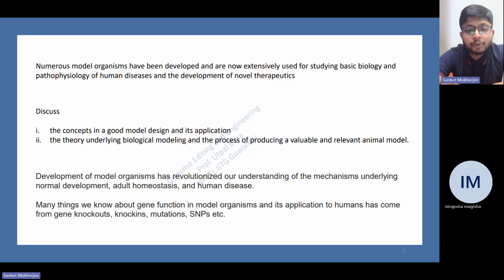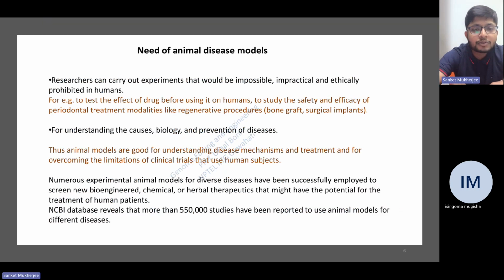Many things we know about gene function in model organisms and its application to humans have come from gene knockouts, knock-ins, mutation, single nucleotide polymorphism, and so on. So why do we need animal disease models? Because researchers can carry out experiments that would be impossible, impractical, and ethically prohibited in humans. For example, to test the effect of a drug before using it on humans, to study the safety and efficacy of periodontal treatment modalities like regenerative procedures like bone grafts, surgical implants, and for understanding the causes, the biology and prevention of diseases.